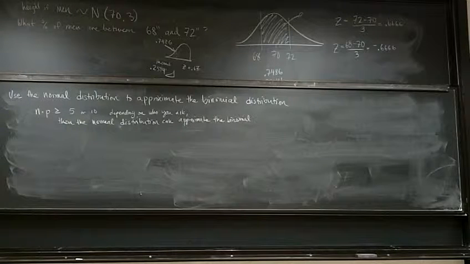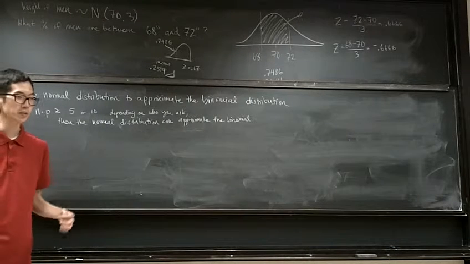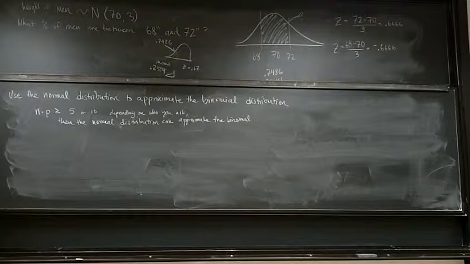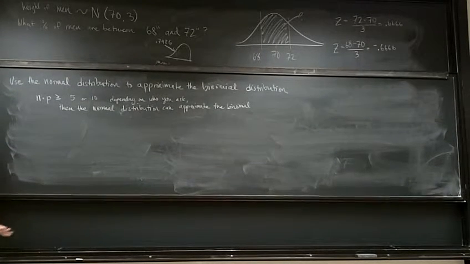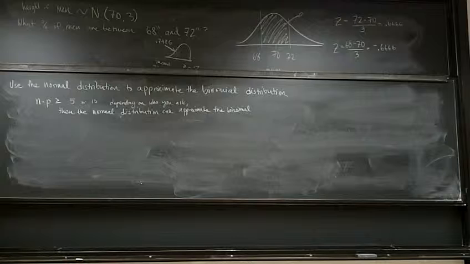So if we flip a coin 30 times, and the probability that the coin lands heads is 0.5, n times p in that case is 15, and whether you ask the 5 or the 10 guy, they'll say yes, you can use the normal model to approximate.